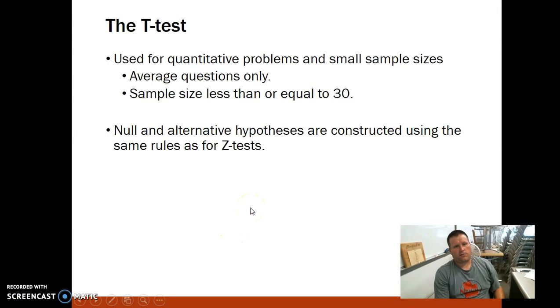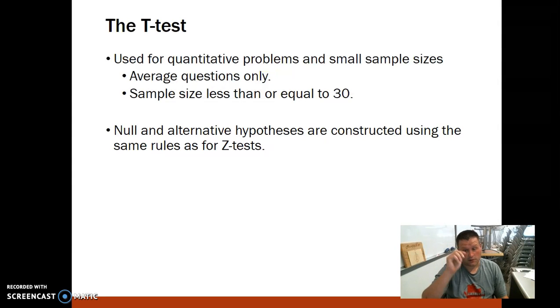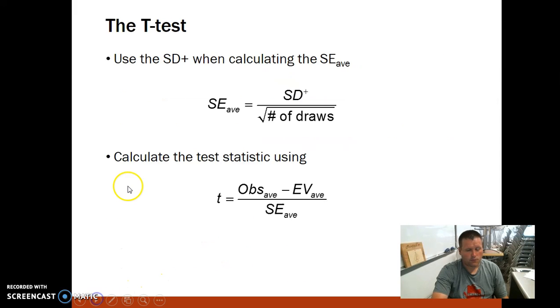So our t-test is used for quantitative problems and small sample sizes. So average questions is what we're going to look at with these. And our sample size has to be less than or equal to 30. So anything lower than 30. We're still going to construct our null and alternative hypothesis using the same rules as we have before.